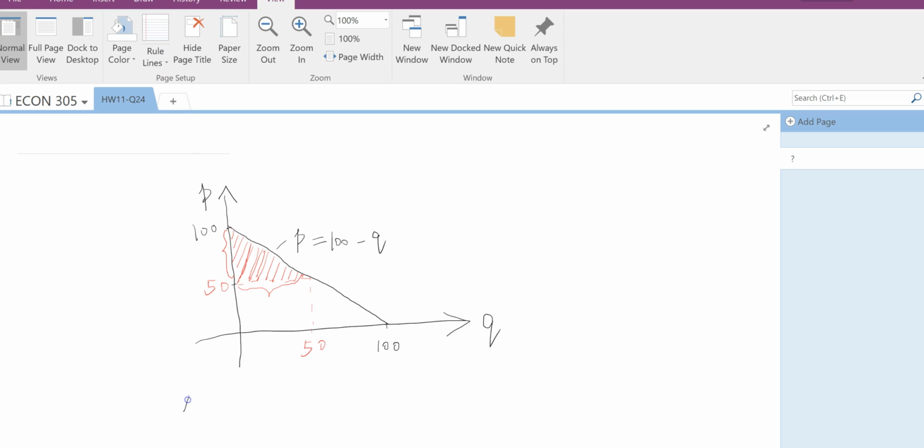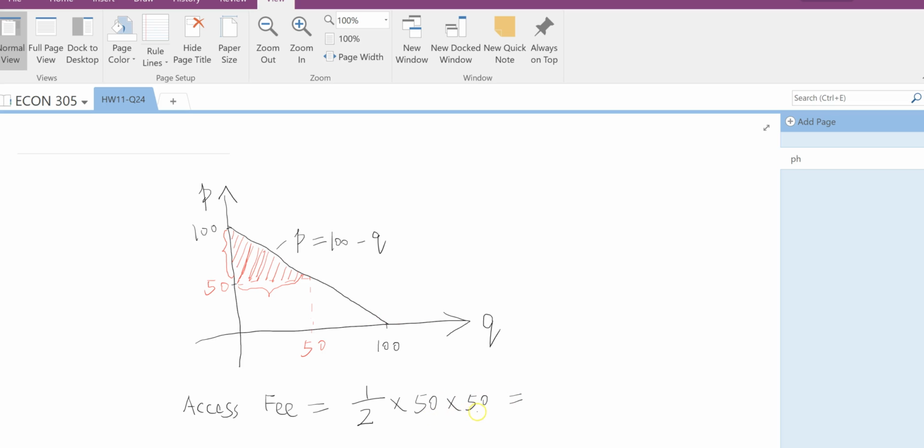So the access fee equals a half times height 50 times base 50.